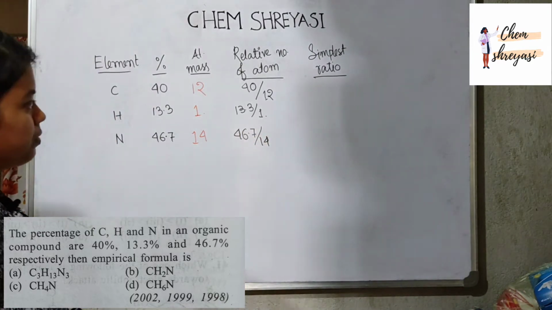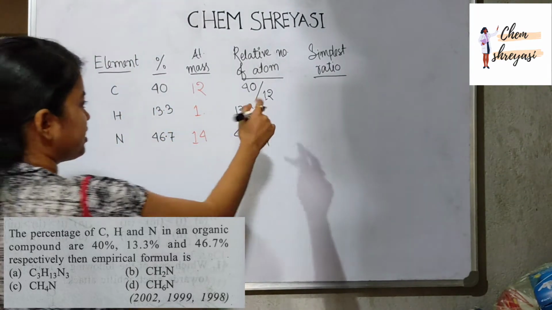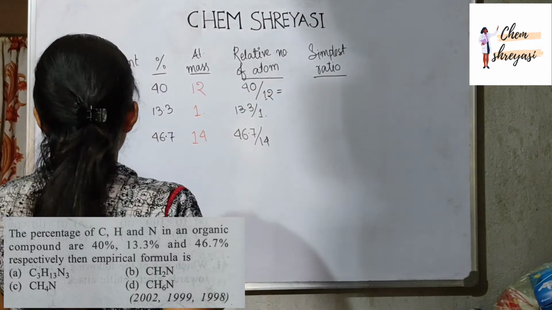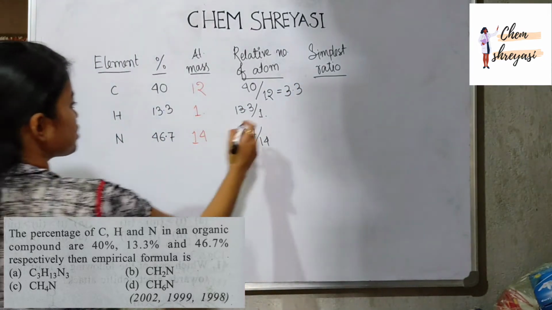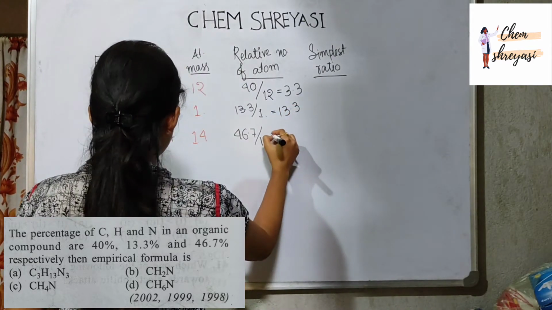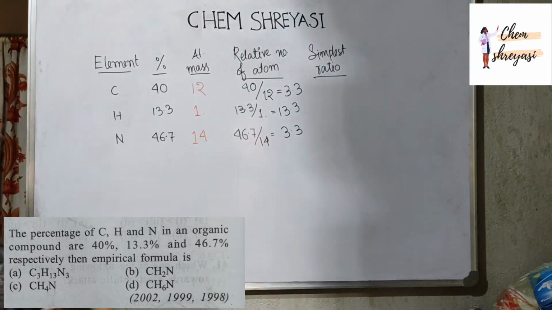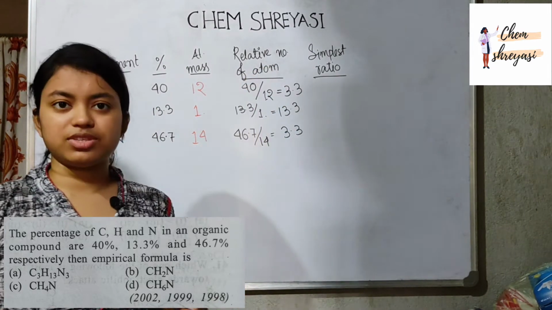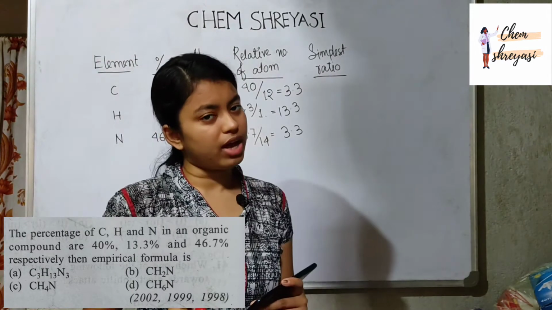So the answers will be, I have already calculated, so I am writing it just beside this one. This one is 3.3. In case of hydrogen, it is 13.3, and in case of nitrogen again, this is 3.3. So you have already found out the relative number of atoms in this case. Now, next we have to move to the simplest ratio of the atoms.